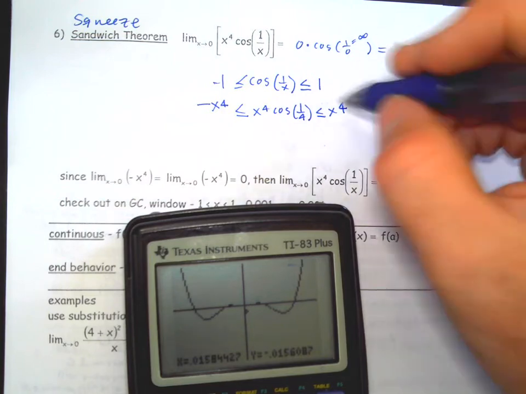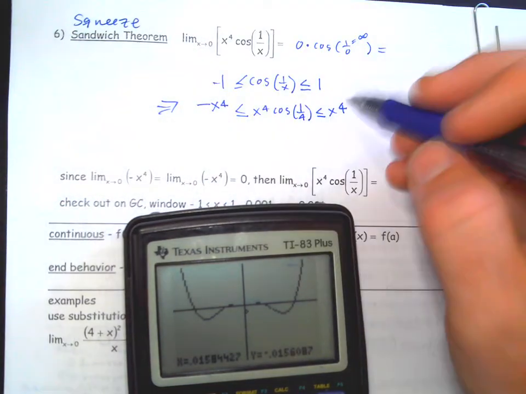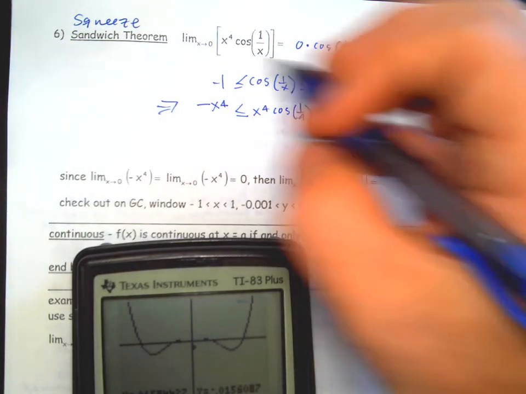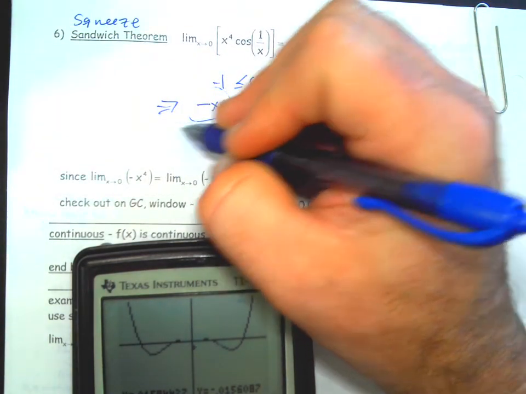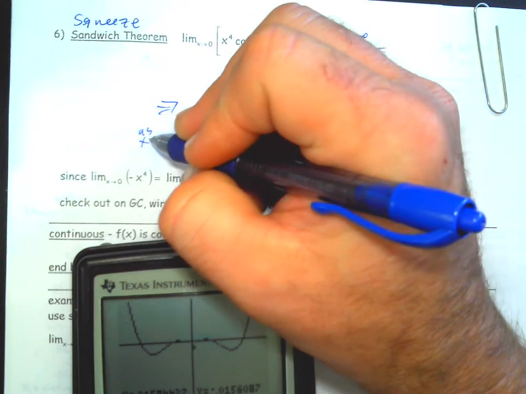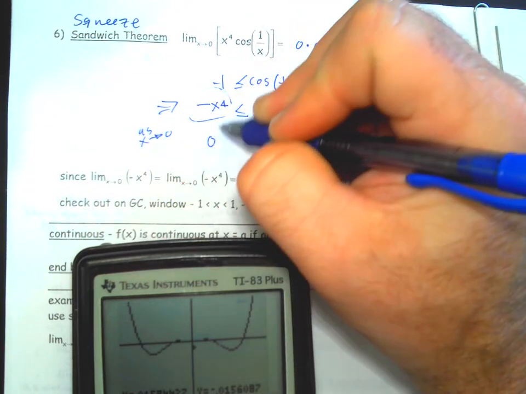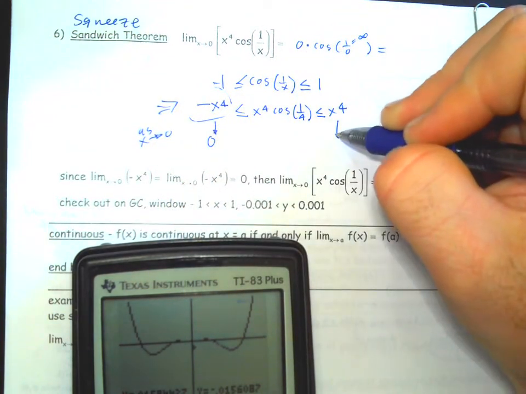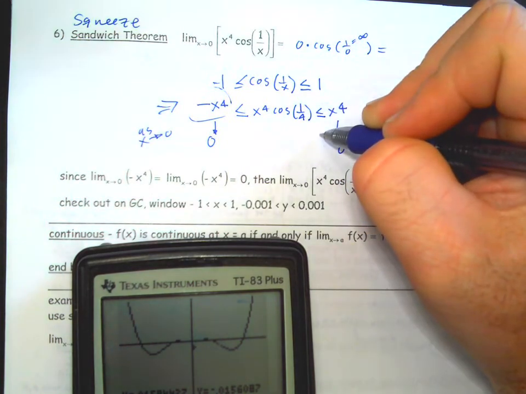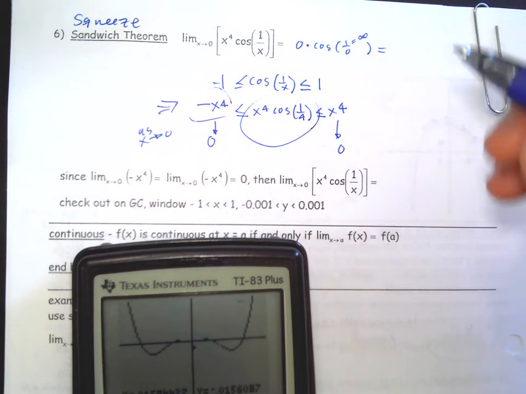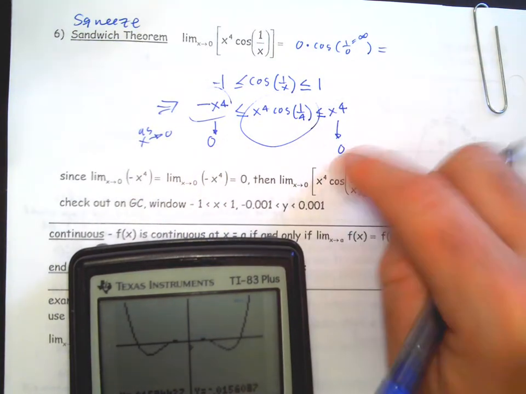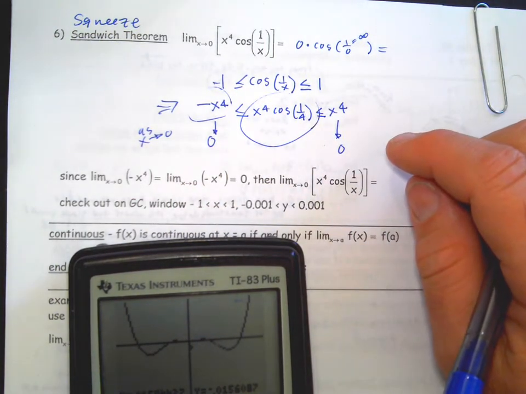So this has to be true, right? And then if we take the limit of this as x goes to 0, this is going to go to 0, and this is going to go to 0. And if this is always in between these, then this has to go to 0. It's squeezed in between these values of 0, so it's got to be going to 0.